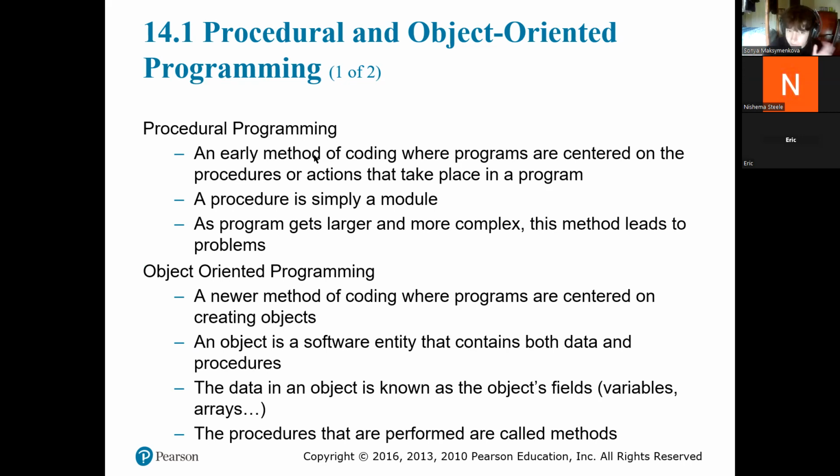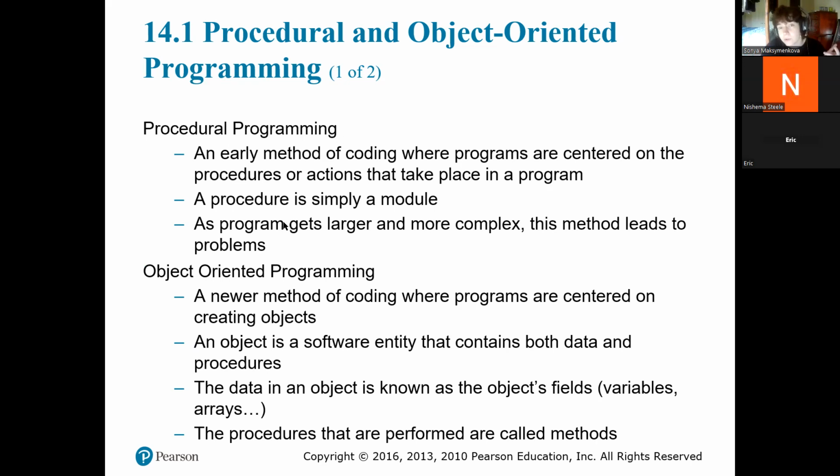So basically, a very early method of coding. This is how it all started after the punch cards and after the flips of zeros and ones. Procedural programming was this thing, and a procedure is what we call a module right now. Sometimes you will also see functional programming, and same thing, functions, modules, same idea.